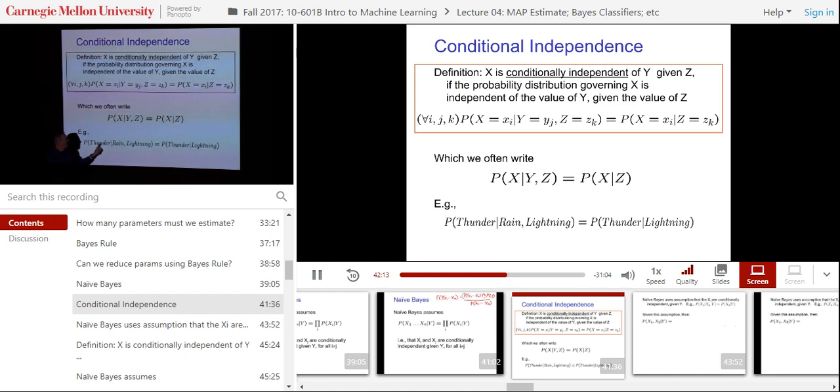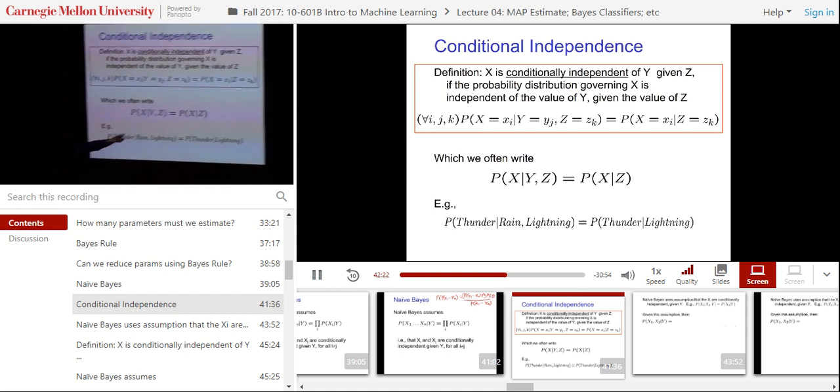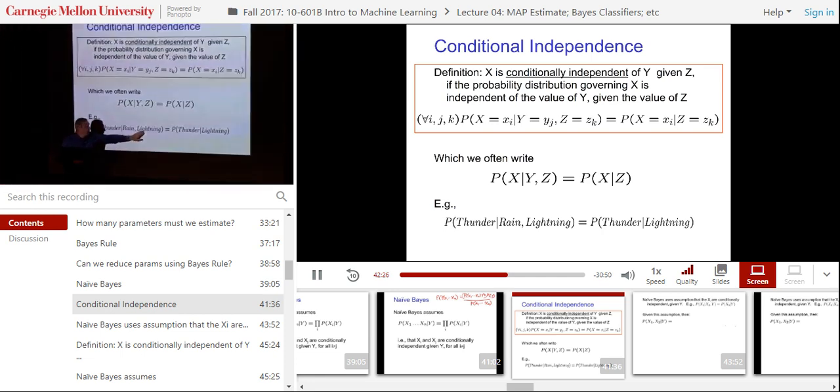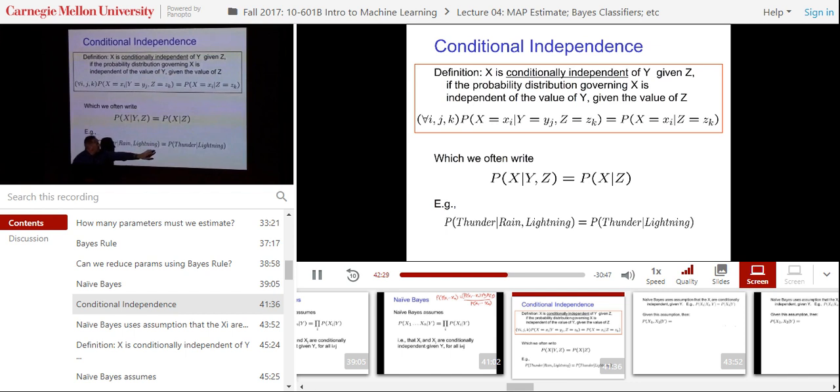Is there thunder? Is there rain? Is there lightning? I would say that it seems to me the probability that thunder is true or false, given that I know the value of rain and the value of lightning, is no different from the probability that thunder is true or false, given that I know whether there's lightning. In other words, I don't think knowing whether it's raining, once you already know that there's lightning, adds any more information about whether there's going to be thunder.